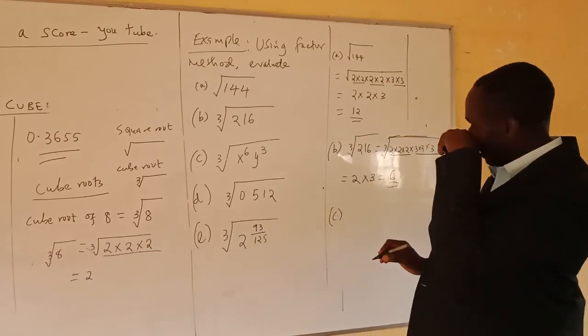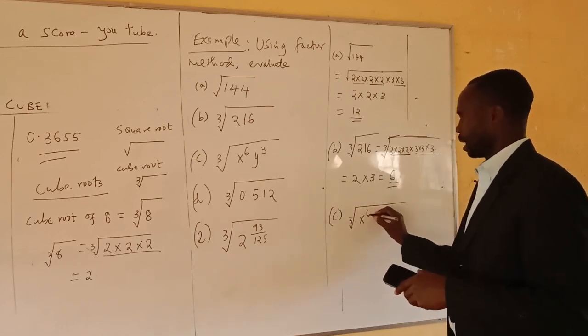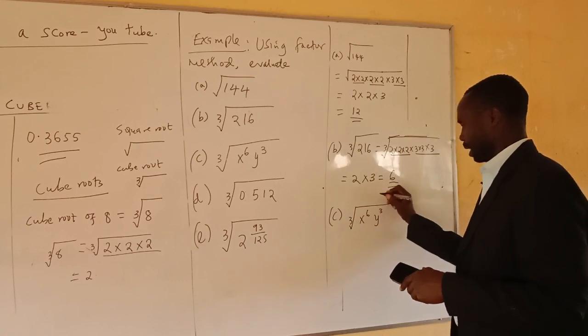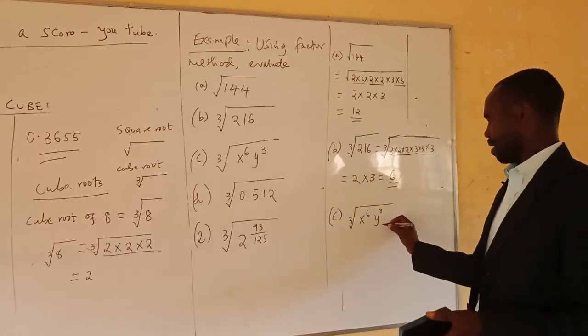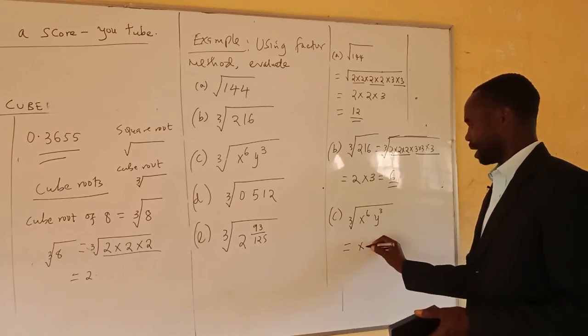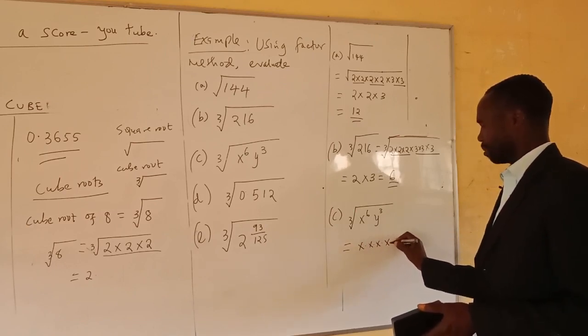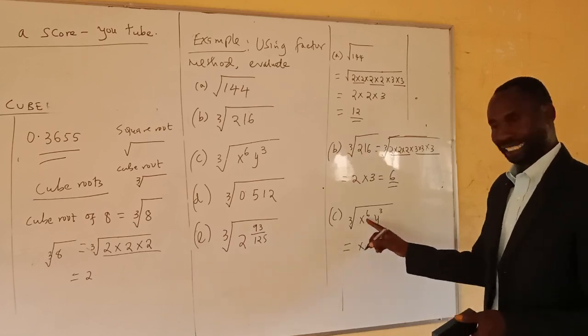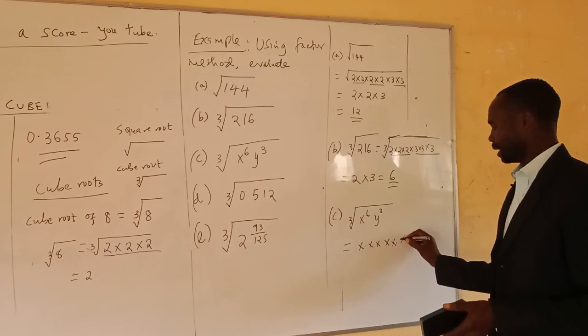Part C is the cube root of x^6 and y^3. So this one here, we factorize it to have x multiplied by x, multiplied by x, multiplied by x, multiplied by x, multiplied by x. These are 6: 1, 2, 3, 4, 5, and 6.